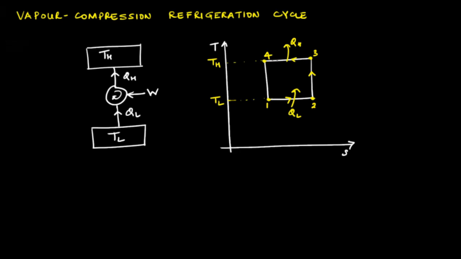So this heat rejection from 3 to 4 also takes place at a constant temperature, and typically this would take place in the condenser section, and thereafter the working substance is brought back from state 4 to state 1 through isentropic expansion, and theoretically this can be done using a turbine to expand the substance from high pressure to a lower pressure and correspondingly higher temperature to a lower temperature in an isentropic manner.